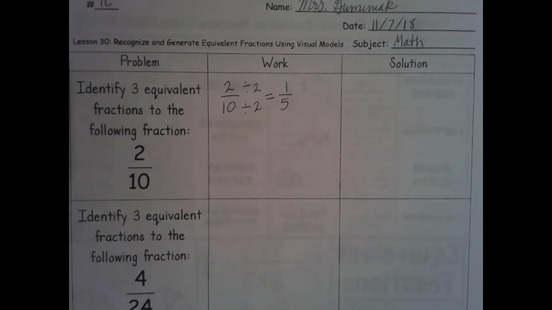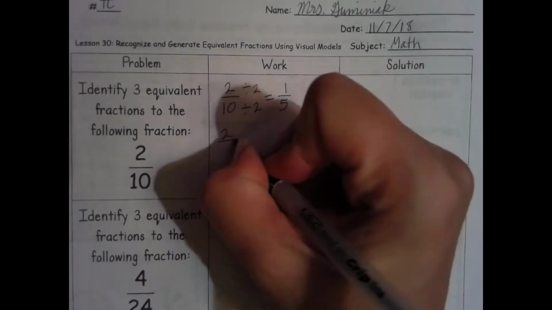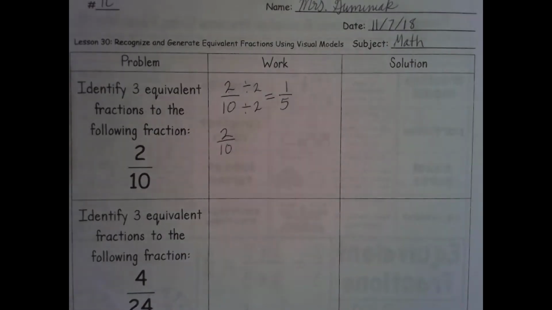So I have my first equivalent fraction. Now there's no other numbers I can divide both 2 and 10 by.